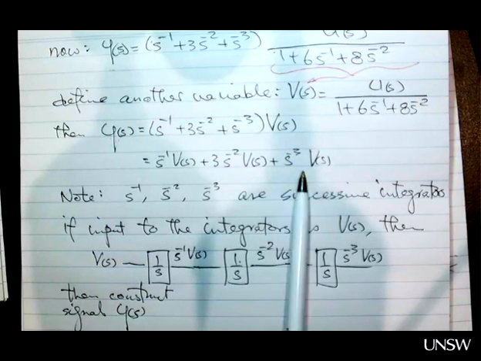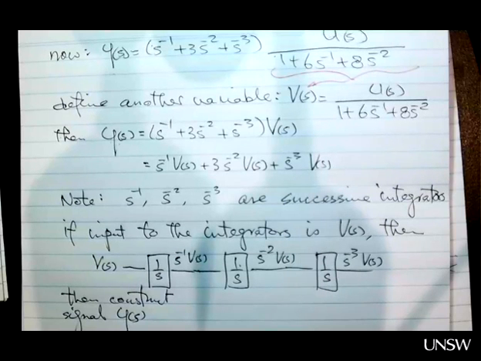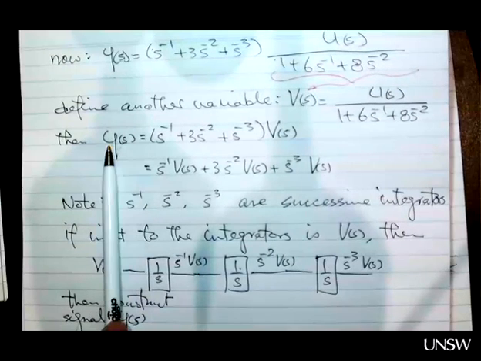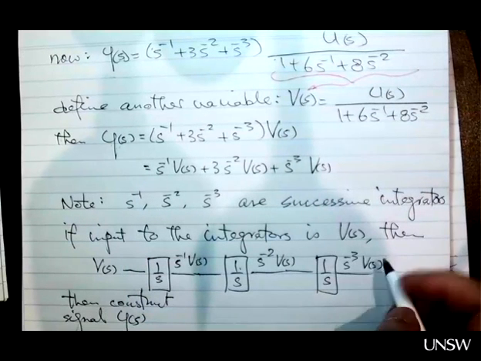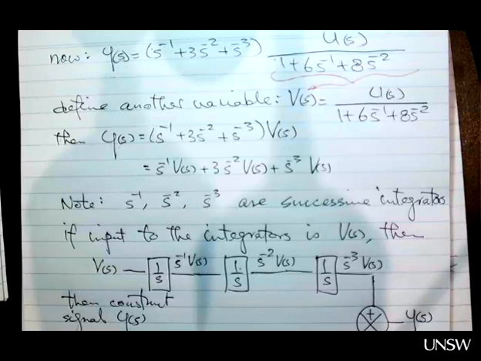And then we take a look at this equation again. So we have s^-3 V(s) contributes to Y. And then s^-2 V(s) scaled by the factor 3 and then added to the others. So there is a factor of 3.